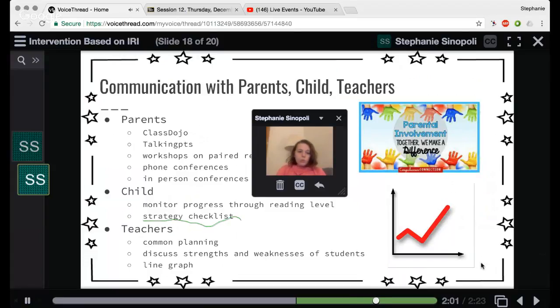And teachers will also be communicated with, such as the speech teacher, ENL teacher, and classroom teacher. There will be a common planning meeting held to discuss Jackie's strengths and weaknesses based on the intervention, and Jackie's progress will also be shown in a line graph based on the assessment data.